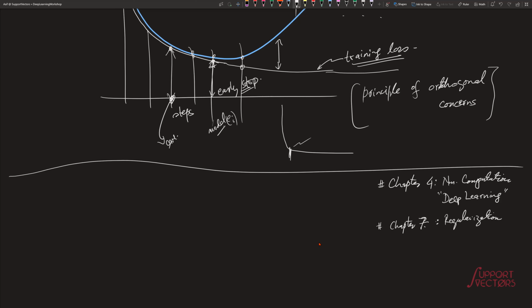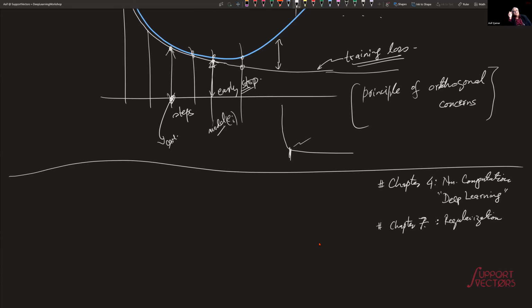Sorry, one question on this graph, the comparison between the test loss versus training loss. Is it always that the test loss will reach a point where it starts to go up and then keeps going? It will not come down again and meet the training loss?